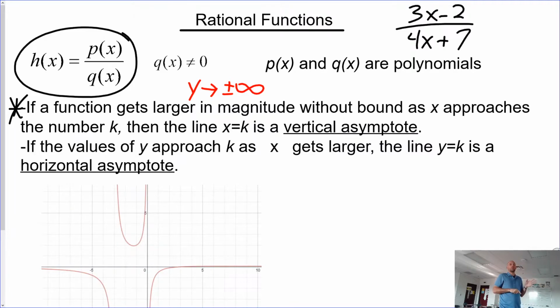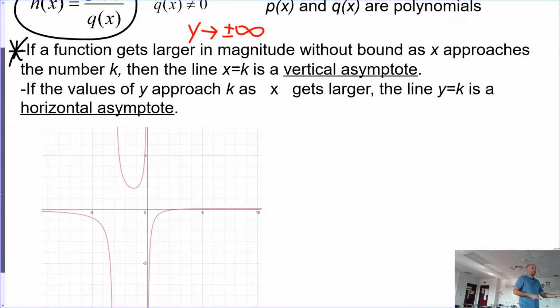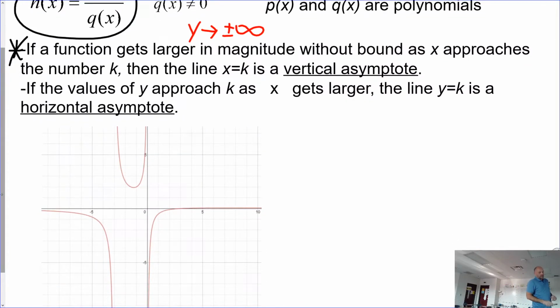Then at that vertical line of x equals, I just made up 2, we have a thing called a vertical asymptote. So if you look at this graph, let's look right here, in blue.